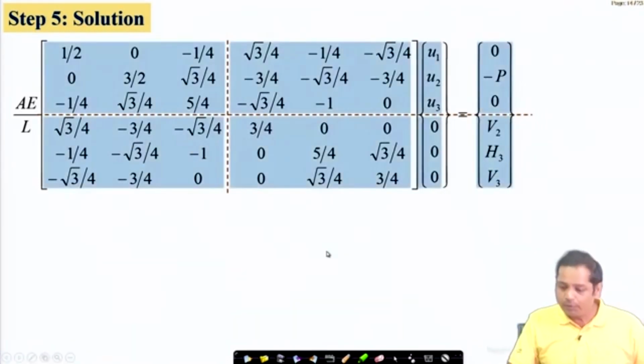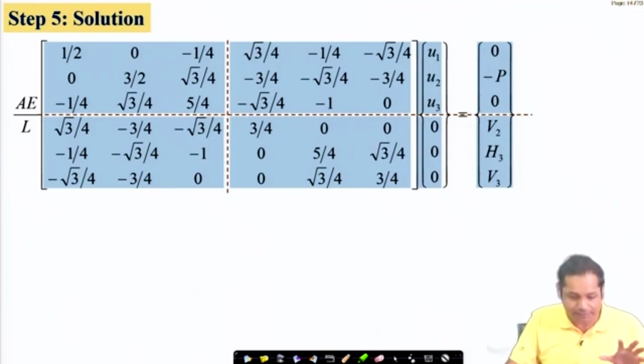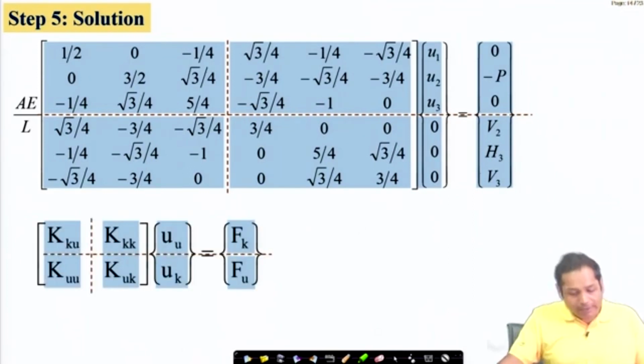What we will do now is rewrite this equation like this. What does it mean? U stands for unknown displacement, and UK stands for known displacement.